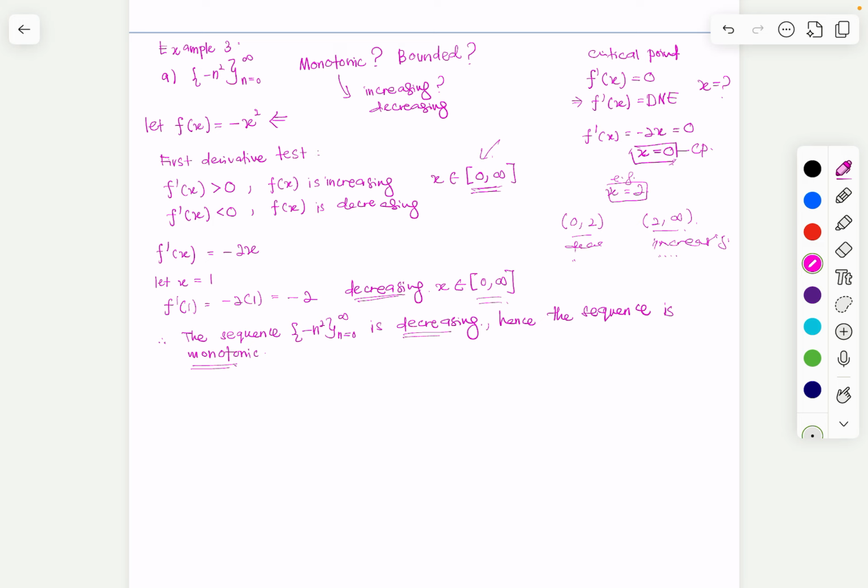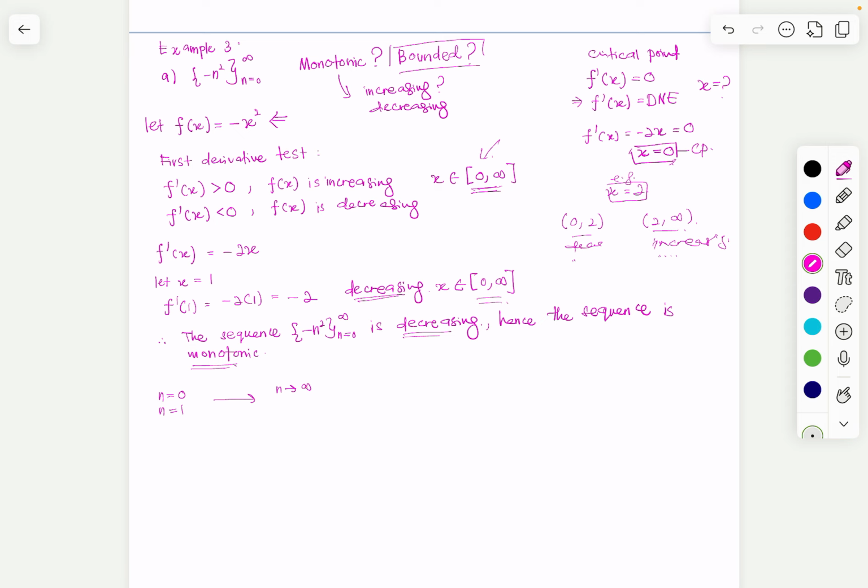Okay, second one, we determine whether the sequence is bounded. To say that the sequence is bounded, it should have a lower bound and an upper bound. So it means you need to know the first term and the last term. The sequence may start with 0, or with 1, and it should end with a very, very big number as n goes to infinity.